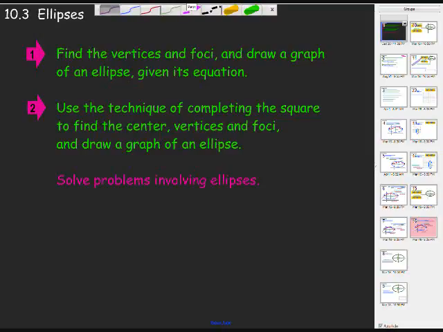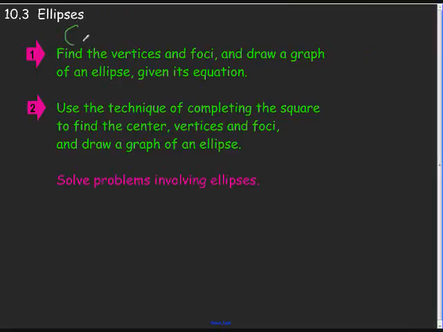Okay, so we've got circles, which you can probably draw better than I can, which have a center.